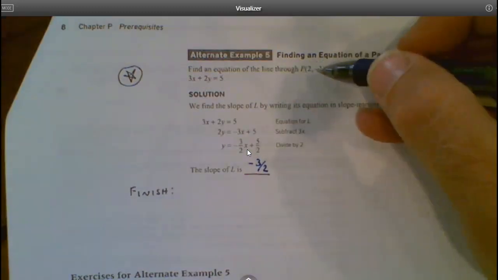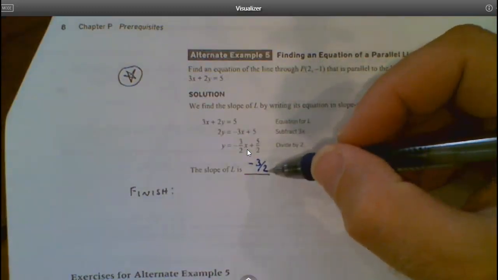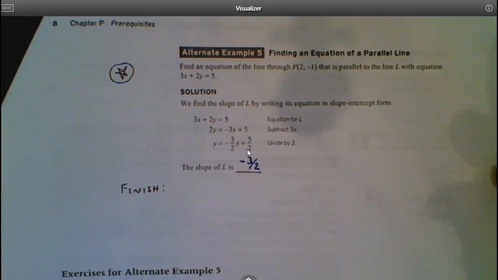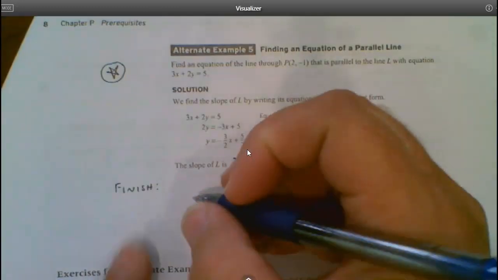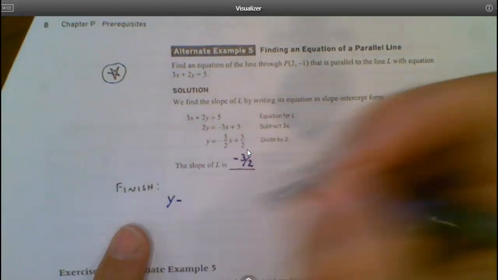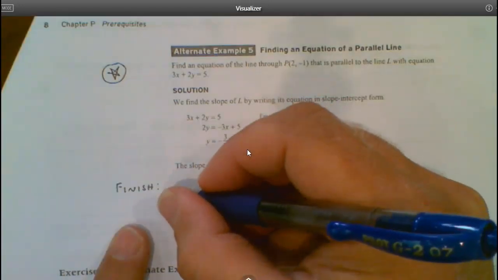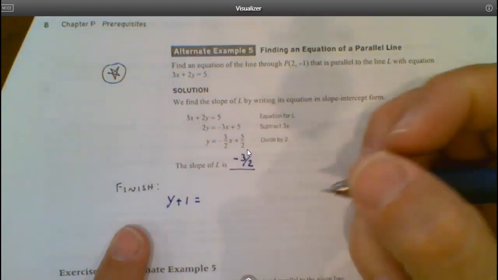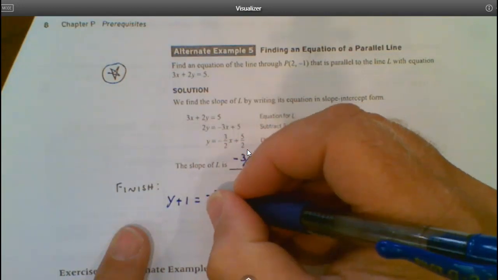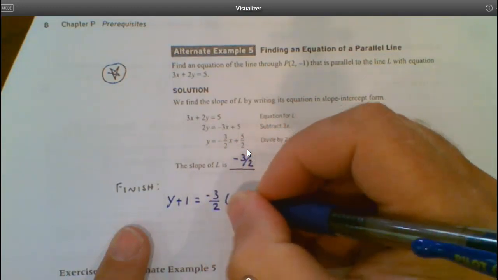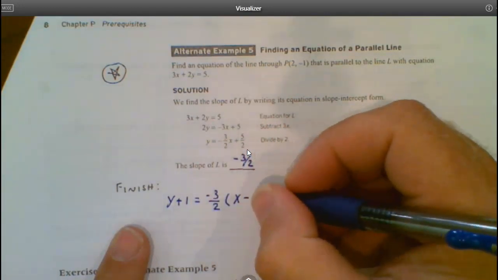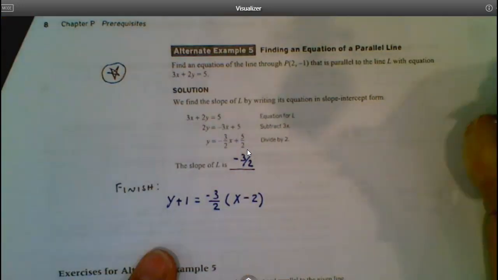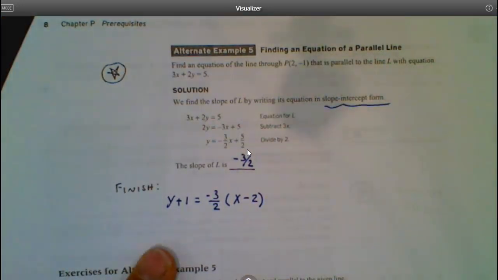So now I have my point and my slope, and now I can plug this into my point-slope form. So we're going to say y minus the y-coordinate equals our slope, x minus the x-coordinate. Now this one in particular does say slope-intercept form, so I want to make sure that I'm doing that.